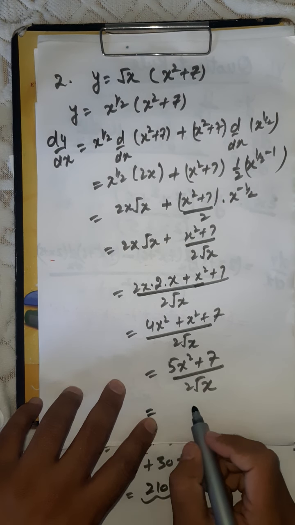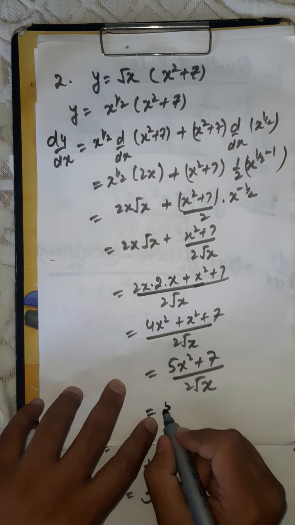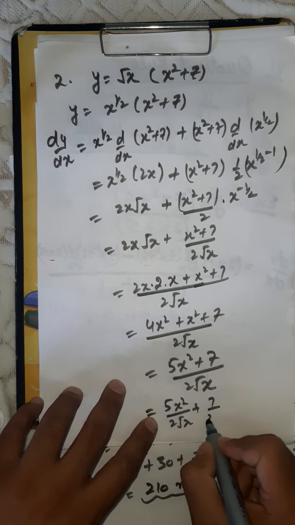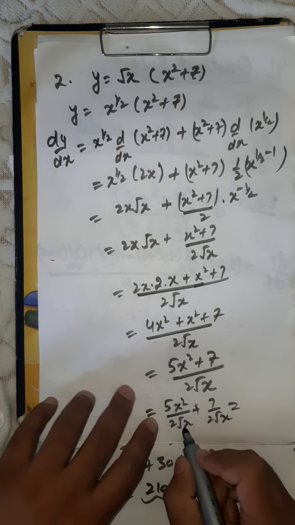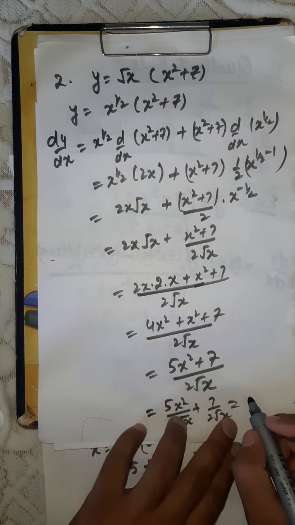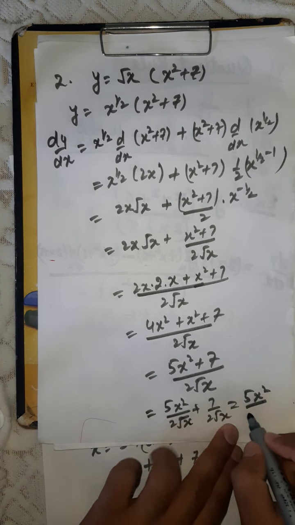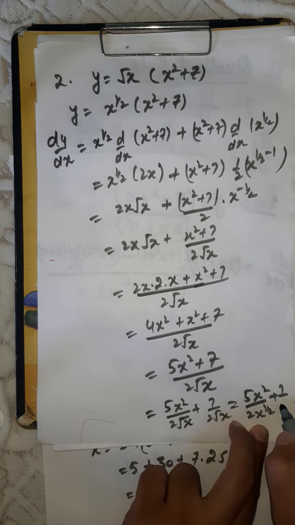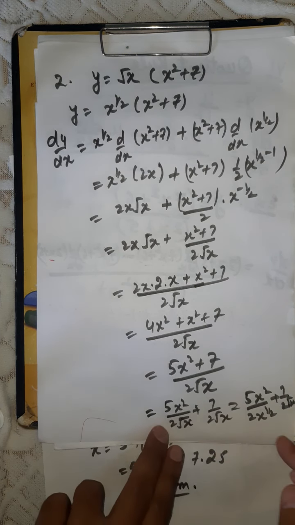Further, you can again break up the expression. It becomes 5x square upon 2 root x plus 7 upon 2 root x. So next step, you can convert it into power 1 by 2. 5x square upon 2 x power 1 by 2 plus 7 by 2 root x. Okay, it will go up.